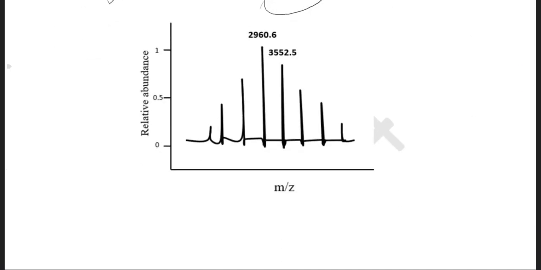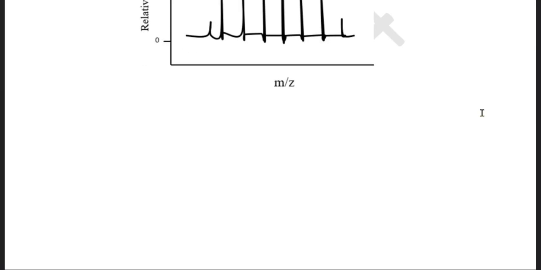I believe that you all have a fair idea on how ESI-MS works and how the spectrum is usually represented. So here, clearly in the spectrum, they have given the m/z value for the tallest peak, which is 2960.6, as well as the m/z value of the neighboring peak. So let me start solving this question.